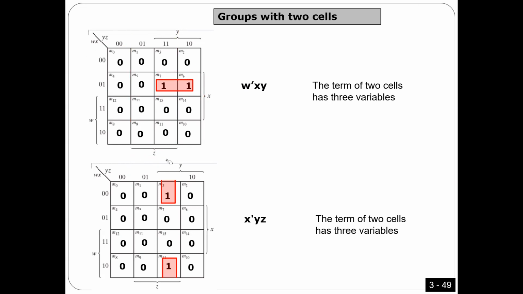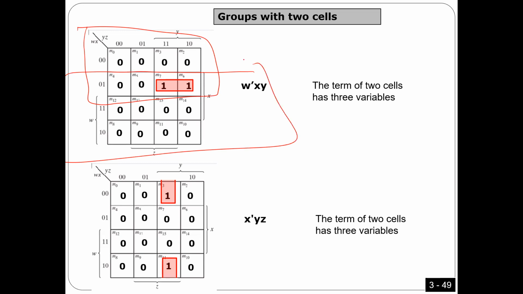In other words, this group is actually the intersection of W prime, X and Y. What do I mean? This is the area of Y, W prime. This is the area of X. So far, this is the intersection. If I add Y this way, this is the intersection here, which is 2.